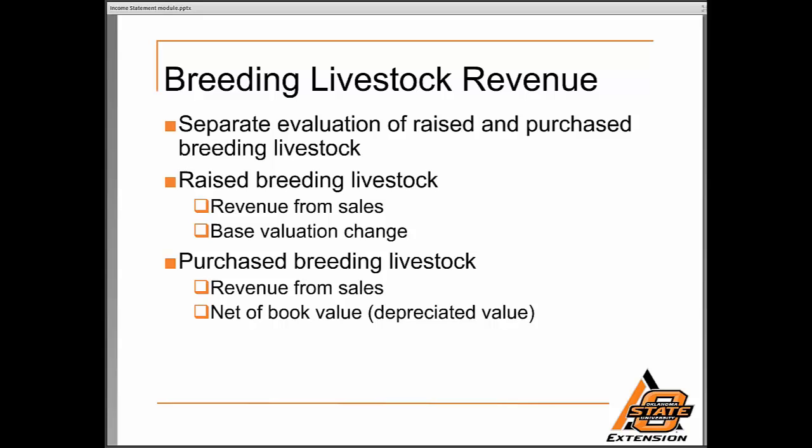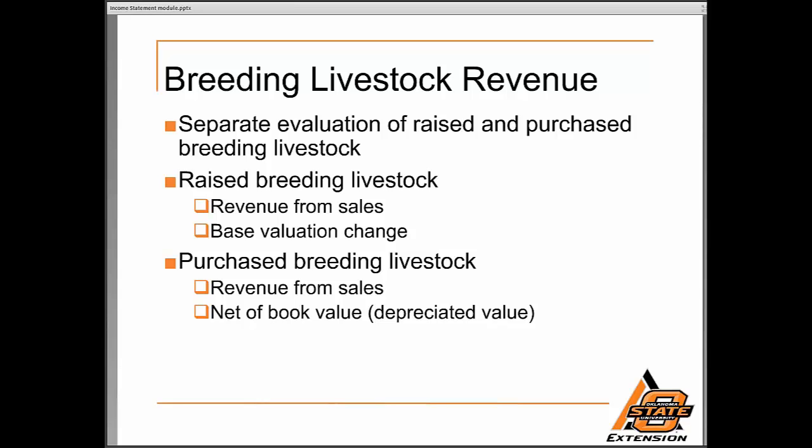Most commonly, raised breeding livestock are assigned a base value that is recorded on your balance sheet. Revenue is associated with the base value of those animals changing, or the raised breeding livestock are sold. More information is available on the OSU fact sheets about assigning base values for raised breeding livestock.